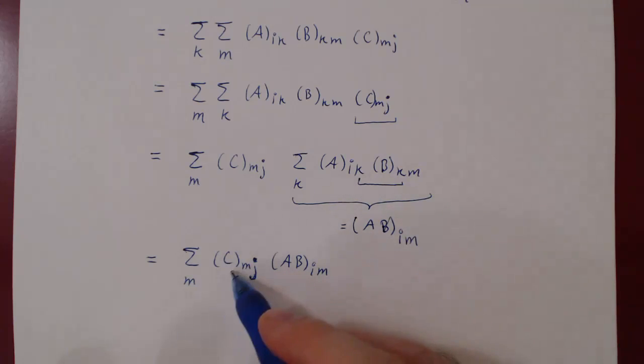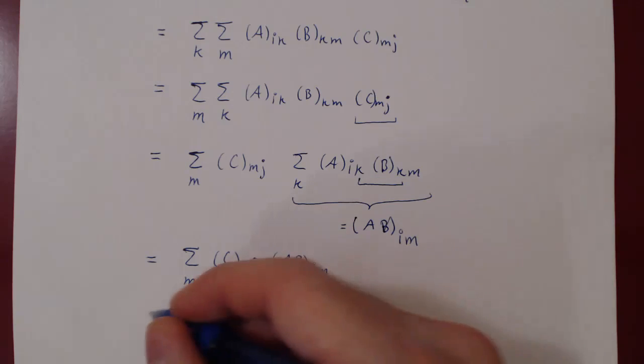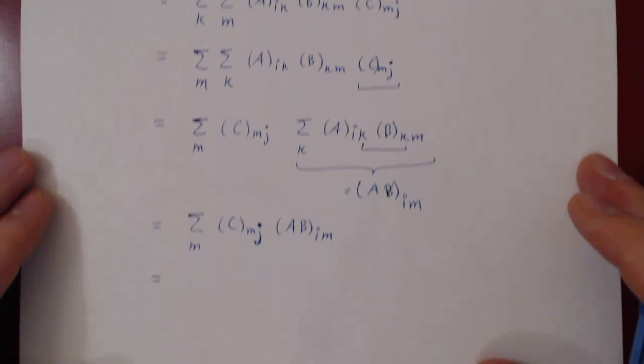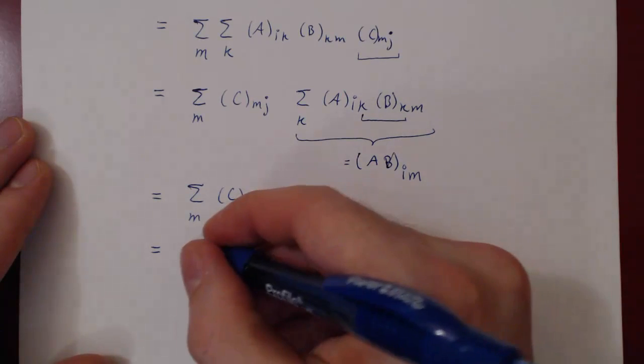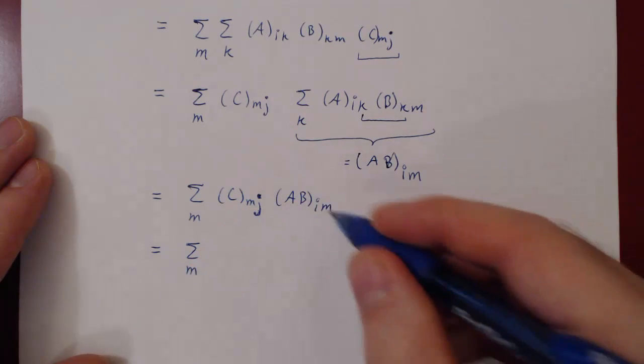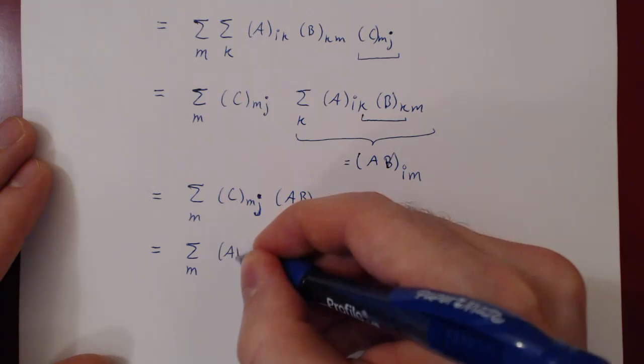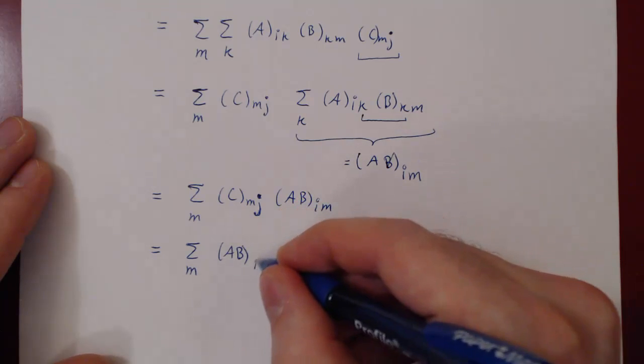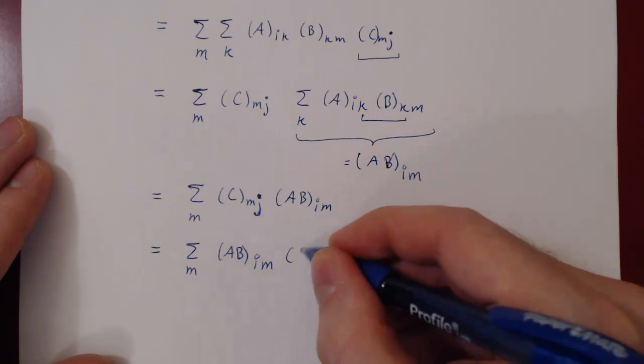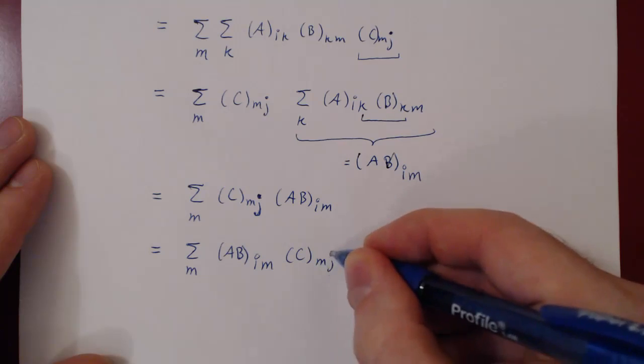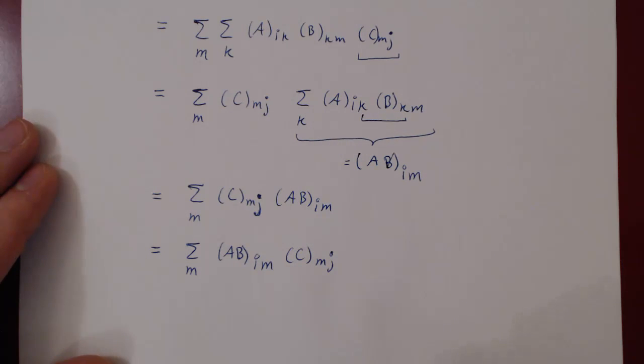But c_mj is a real number, (AB)_im is a real number, and so we can change the order of the product. We'll have the summation over m of (AB)_im c_mj. And once again, this should look familiar.